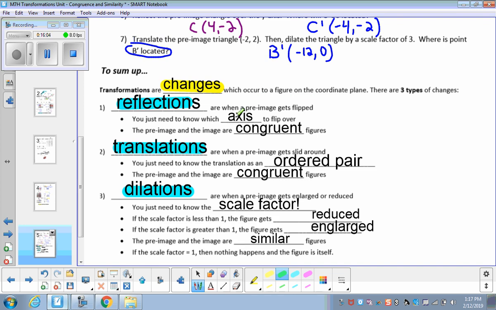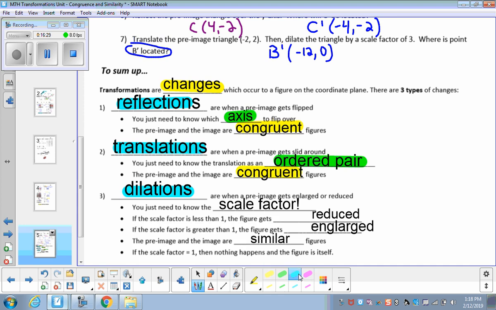All you need to know is which axis to flip it over. And of course, the preimage and the image are going to be congruent figures. They're the exact same. With a translation, we just slide that figure around. So when a preimage gets slid around, you know it's translated. You just need to know the translation as an ordered pair. And once again, you're going to create a congruent figure on the coordinate plane.